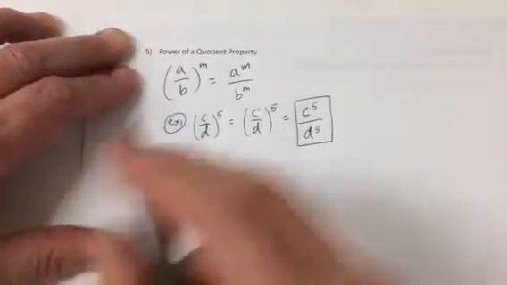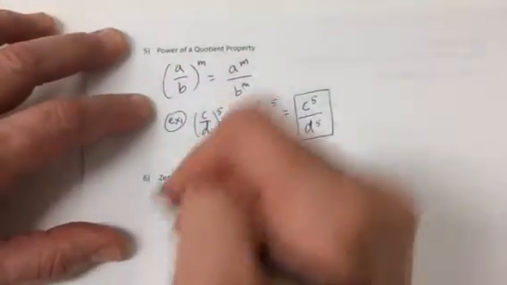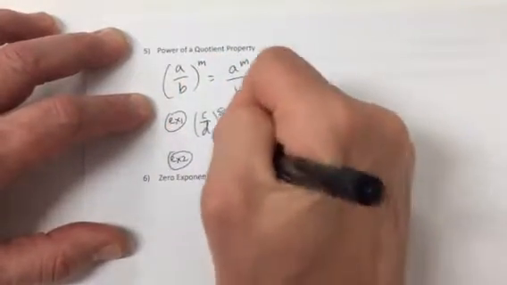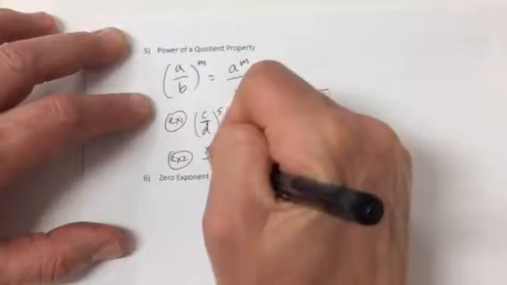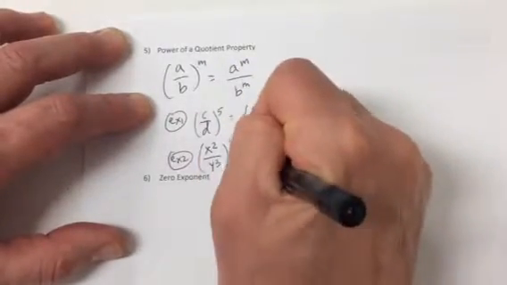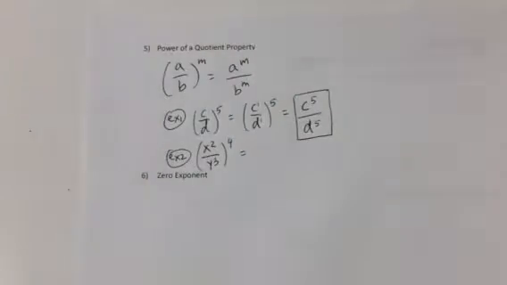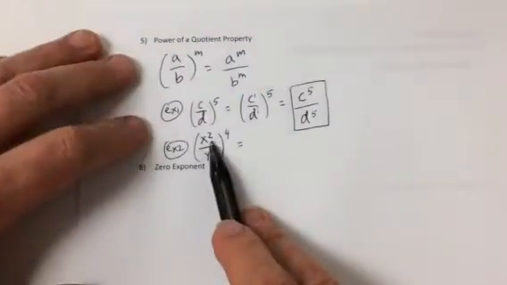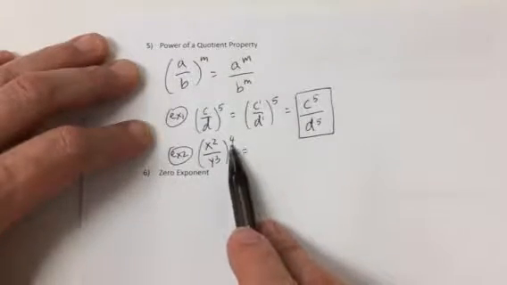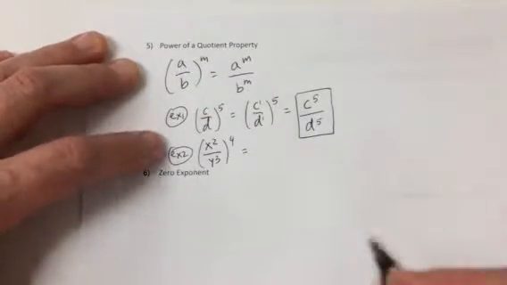Okay, let's have a little bit more in here. So let's do example 2. Let's have x squared over y cubed, all of that to the 4th power. So this is the same idea, where if we have a power, the 4 goes to every base inside the parentheses, and a power raised to a power we multiply.